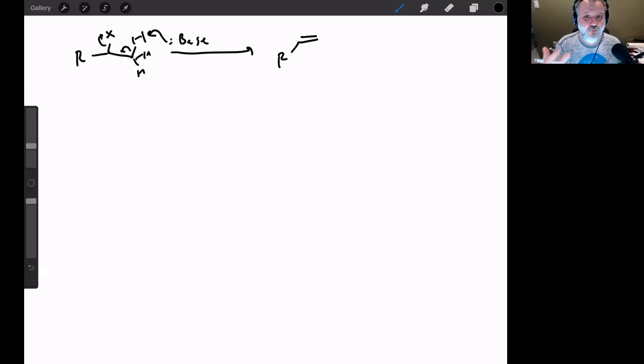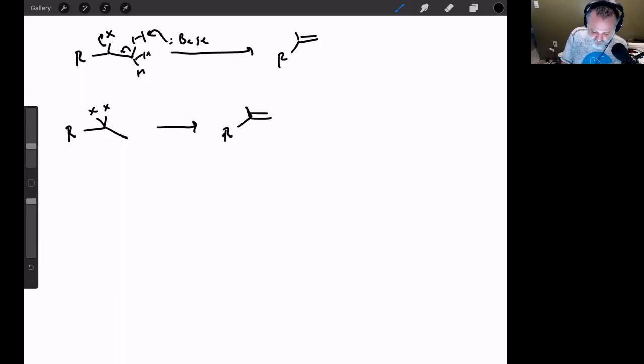So in order to form an alkyne, I would need something that has 2 leaving groups on it, so that I can first form a vinyl halide and then do an elimination reaction again to form an alkyne.